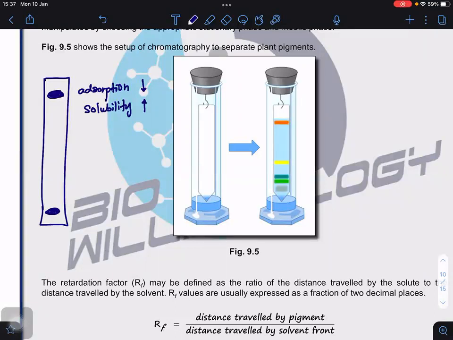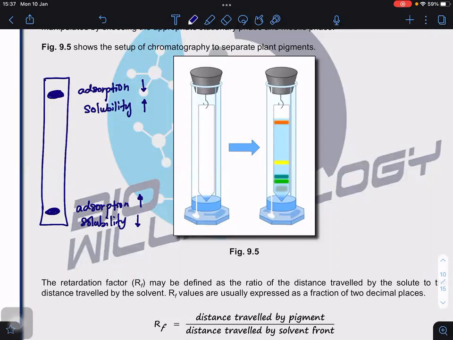Those that cannot move further have absorption high and solubility low. So based on the interplay between these two principles, we will be able to segregate out the pigments. Are you clear? Okay.